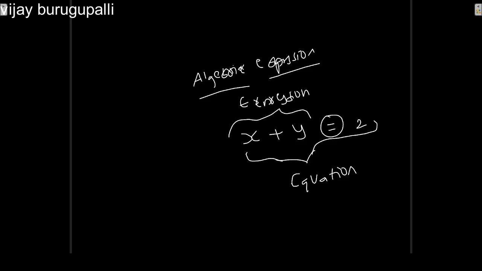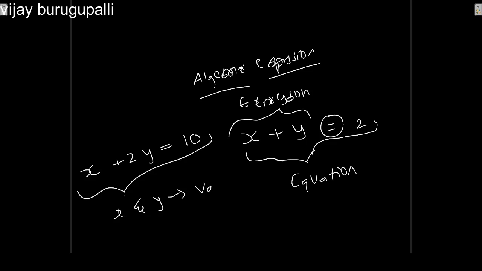Let's take another example: x plus 2y is equal to 10. In this equation, x and y are called variables because they are unknown values.